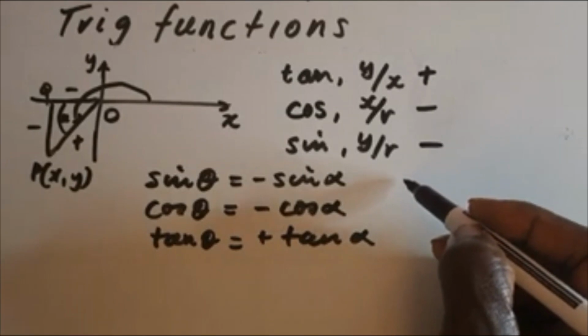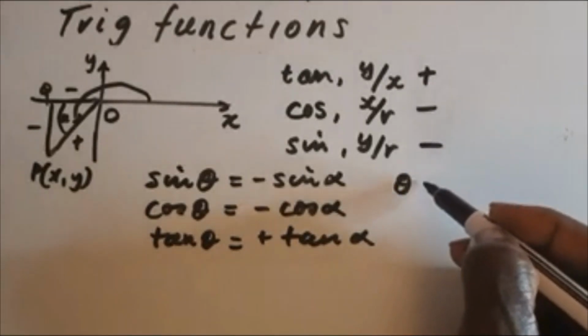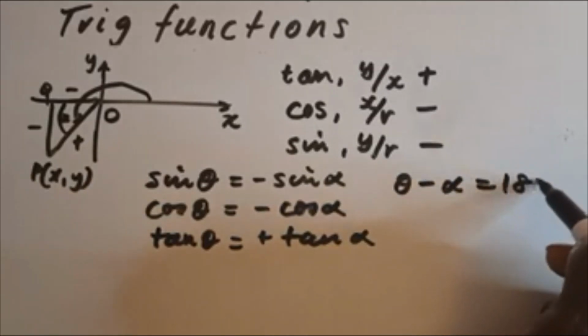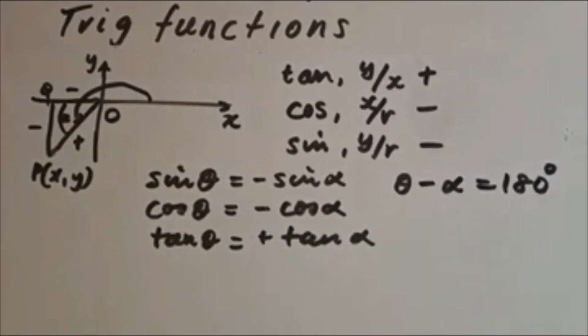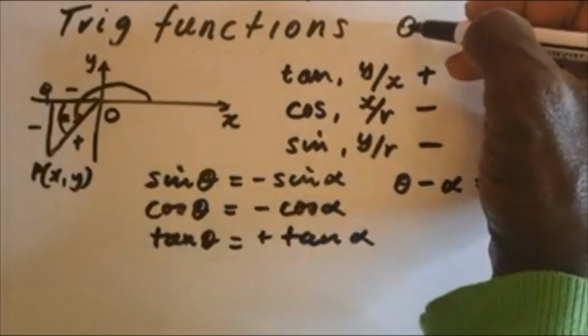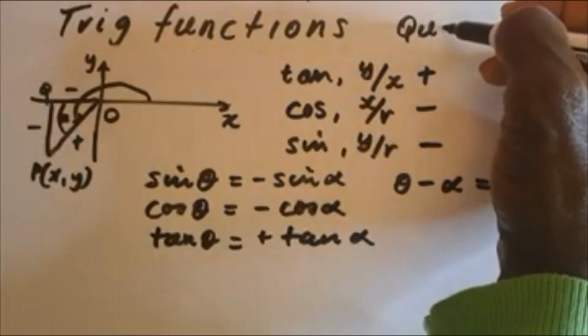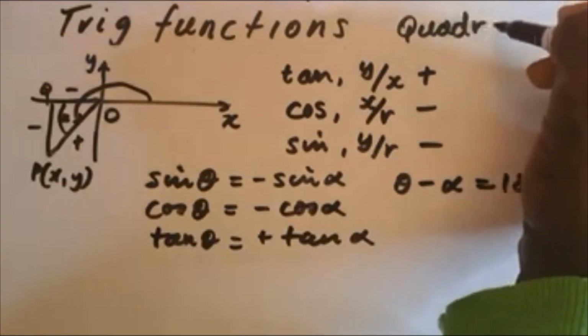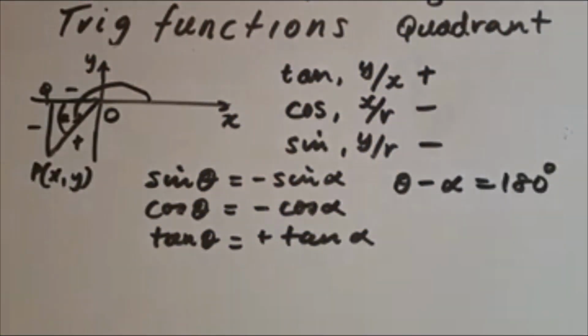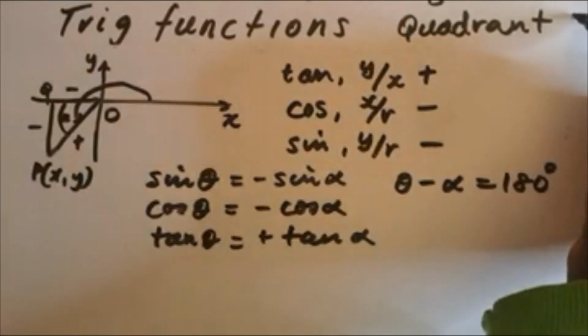Now note that the difference between theta and alpha is 180 degrees. So that's it for quadrant 3, or the third quadrant. So this is the third quadrant, or quadrant 3.